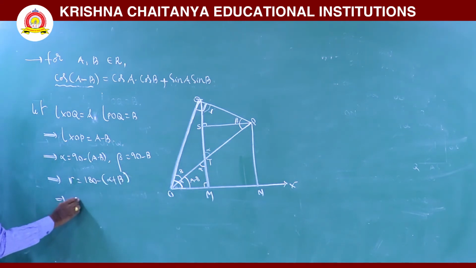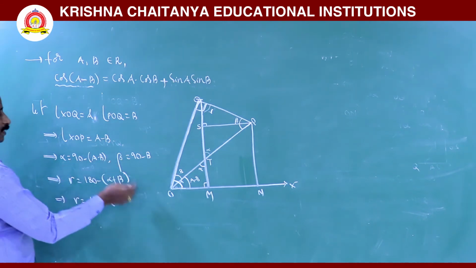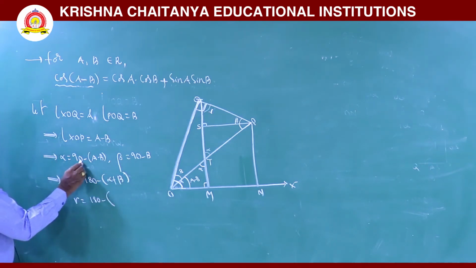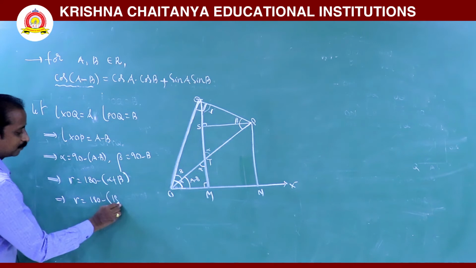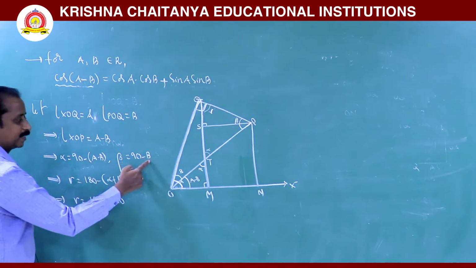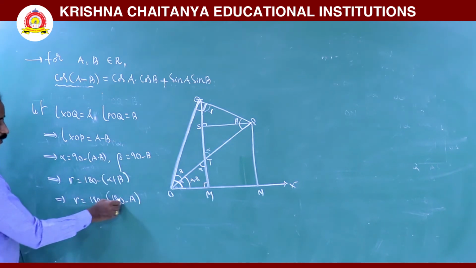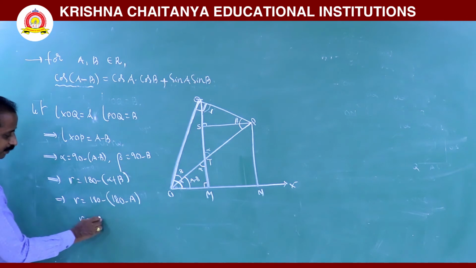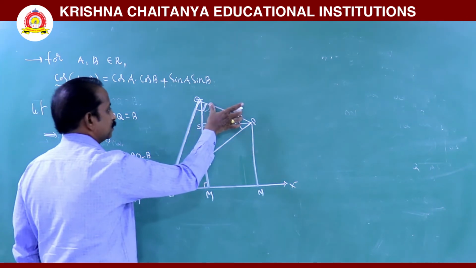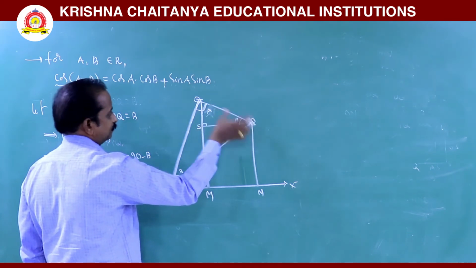Alpha plus beta is the sum of these two angles: 90 plus 90, 180, minus A plus B minus B. B gets cancelled, minus A, and 180 also cancels, so gamma is nothing but A. So this angle measures capital A.